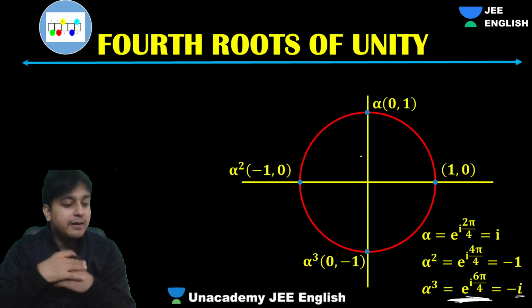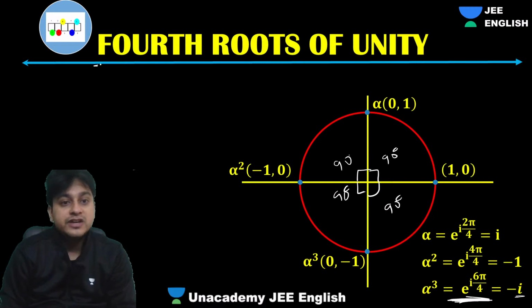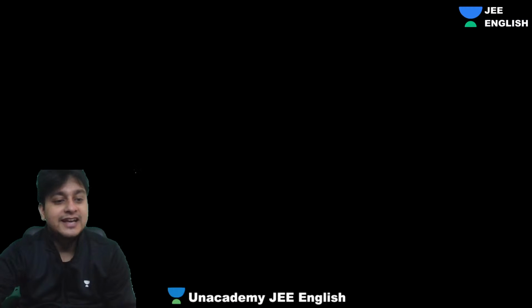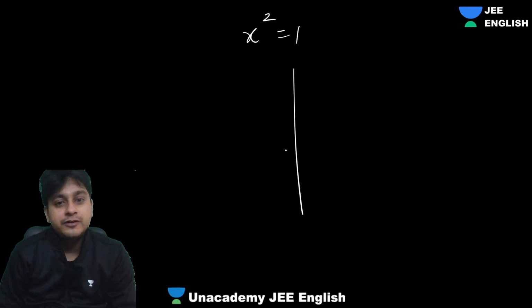It's a very amazing thing, guys, if you look at it. We are dividing the circle into four parts: this is 90, this is 90, this is 90. Why? Because we are calculating fourth roots of unity. Understood? Suppose somebody asks, sir, if you are calculating x square equal to 1, will you divide it into two parts?